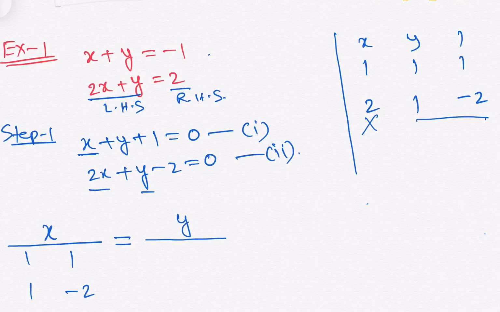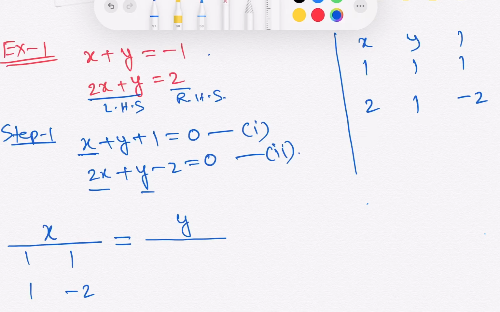Now when you consider the y variable part, you don't look at this portion. Just copy the first column of y. First you write 1 and minus 2 here. Then for the y variable we consider only the x variable and the constant part.